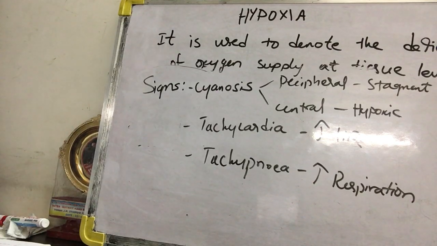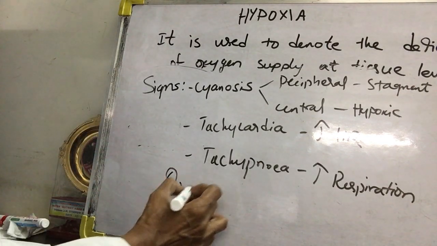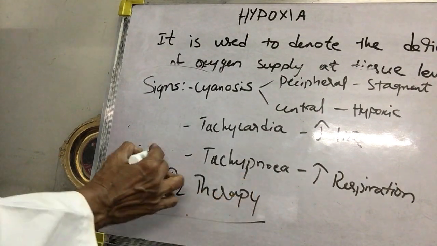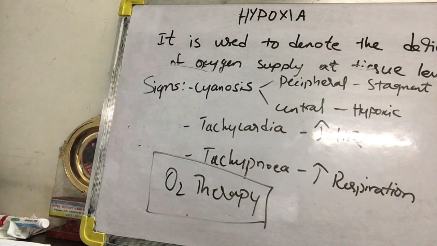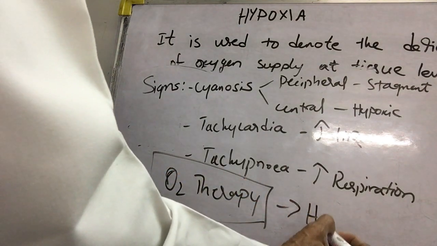And treatment for hypoxic hypoxia is oxygen therapy. It is not the same for all types of hypoxia. In hypoxic hypoxia, since the oxygen content is low, oxygen therapy will be of help in only hypoxic hypoxia.